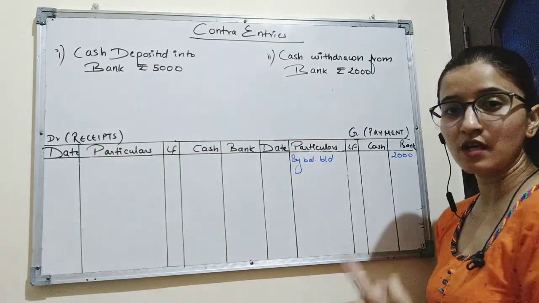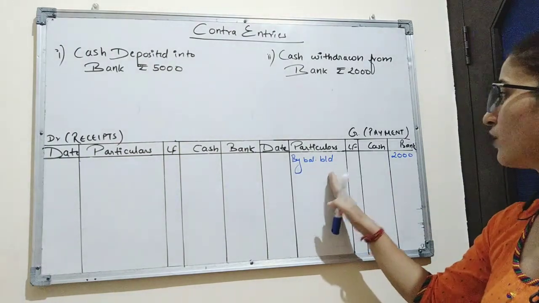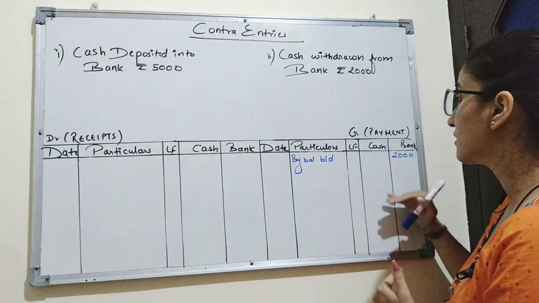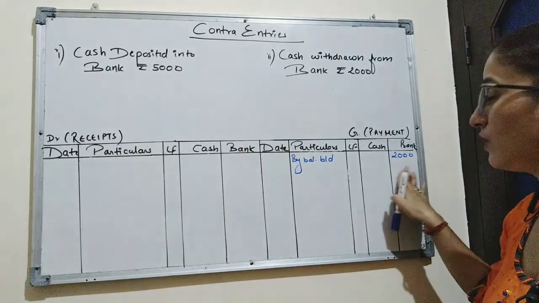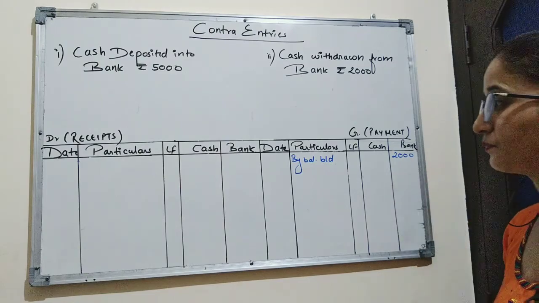So 2,000 was the amount of bank overdraft. We will record it as by balance brought down on the credit side, because bank overdraft is a liability. It is to be paid by the company. So we will record it as by balance brought down, and the amount will be 2,000, in the bank column.